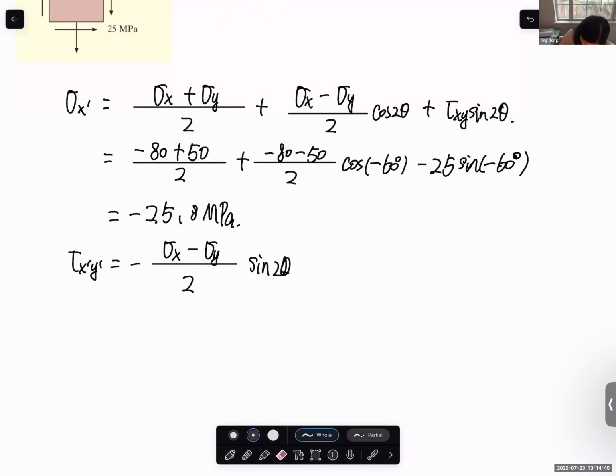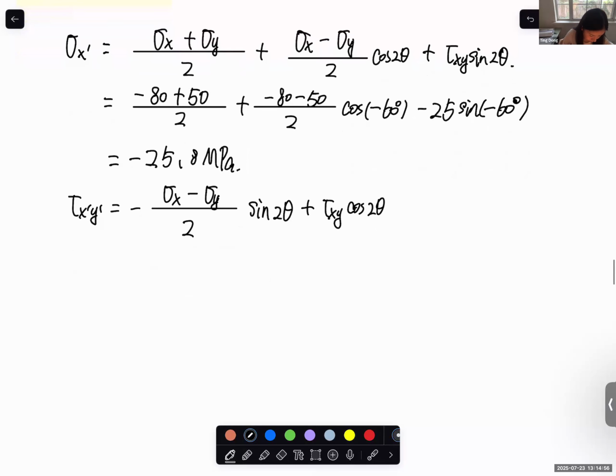Sine 2 theta. So we have 60 degrees because 2 theta, theta equals negative 30.